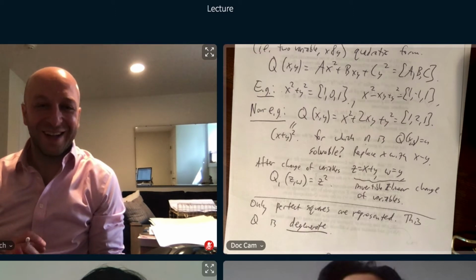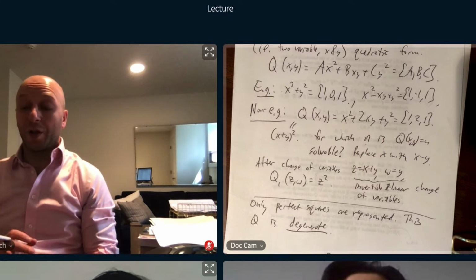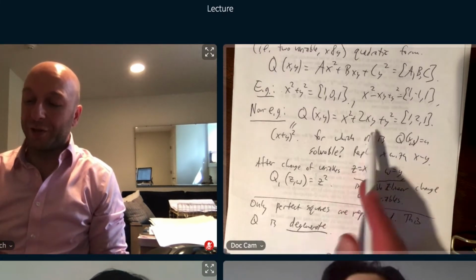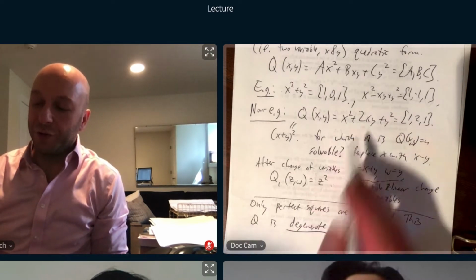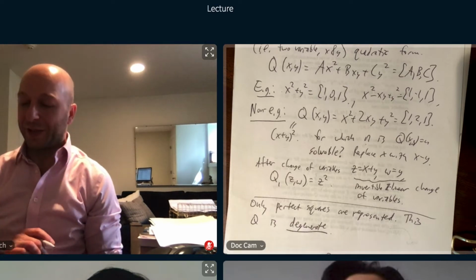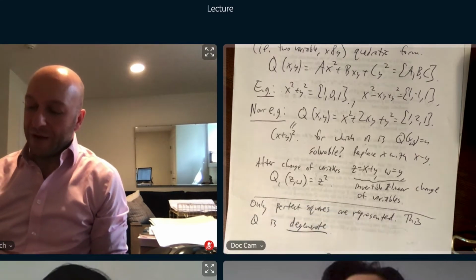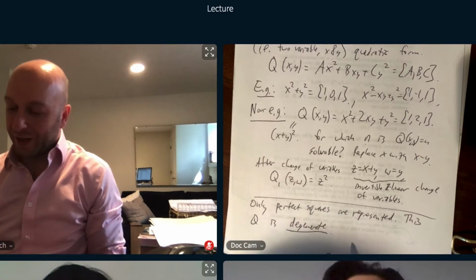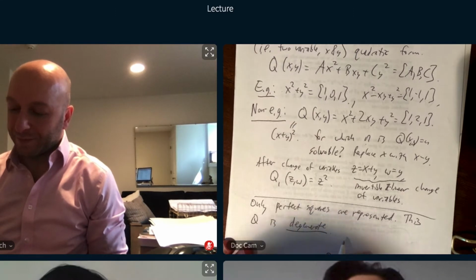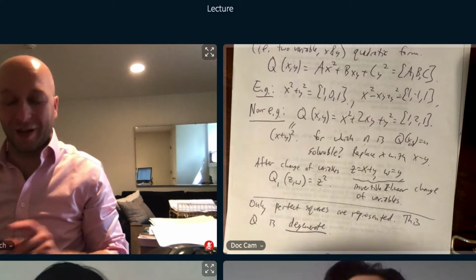What were you going to say, just out of curiosity? Irreducible, right. The way to tell if something is reducible or irreducible, you see, I'll give you another example in a second of a degenerate quadratic form. Let's go to what Daniel said.